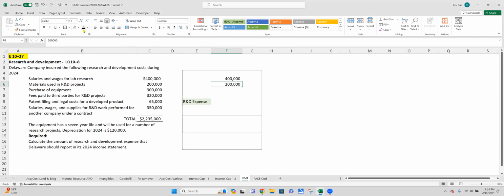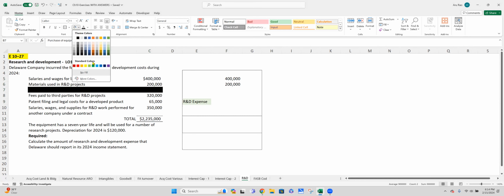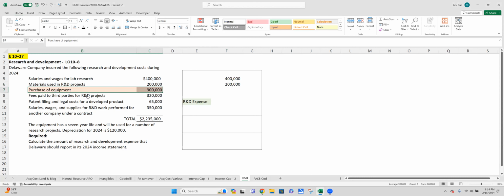That's going to get expensed. I purchased equipment for $900,000. So this one, let's just put it on hold for some time until we get more information. Fees paid to third parties for R&D projects, that's also going to get expensed. 320,000, that's going to get expensed.